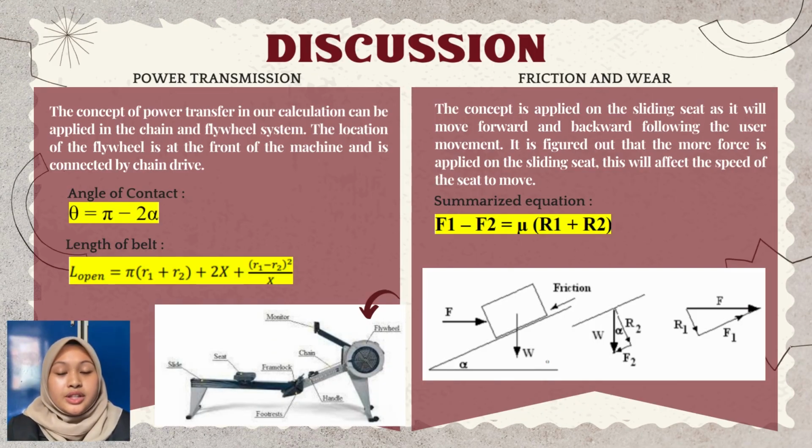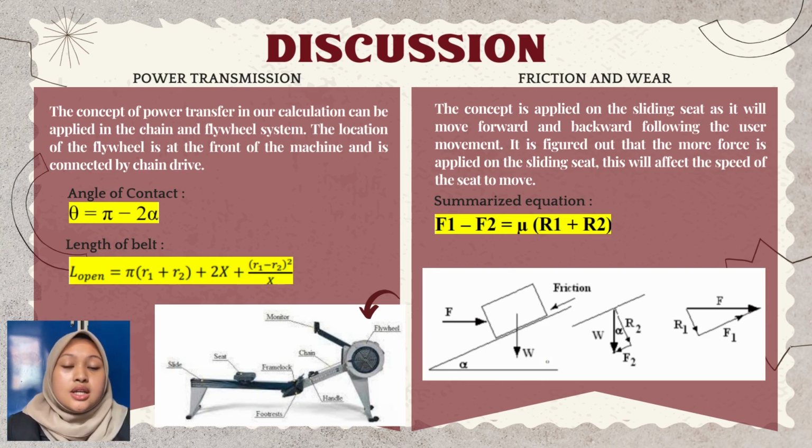Next, I'm going to continue with the presentation of our discussion of our case study. For our ergo machine, the concept of power transfer in our calculation can be applied in the chain and flywheel of the system. As shown in the figure above, the flywheel is located at the front of the machine and is connected by a chain drive.